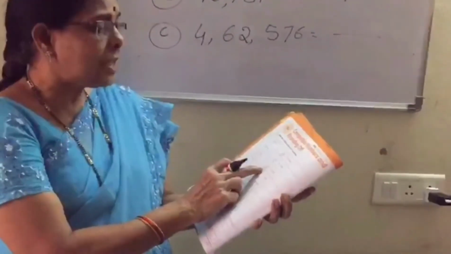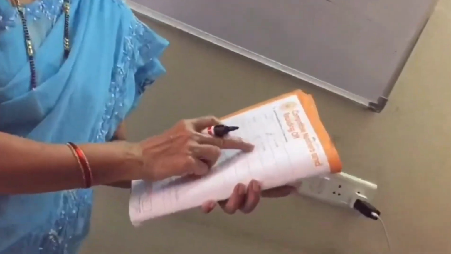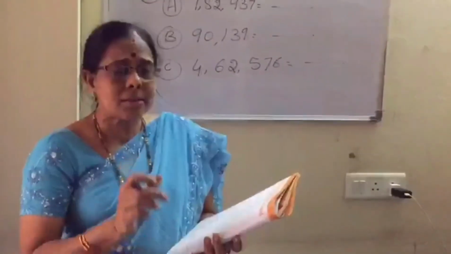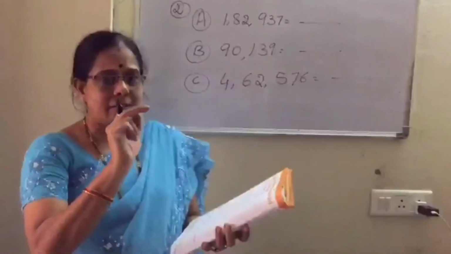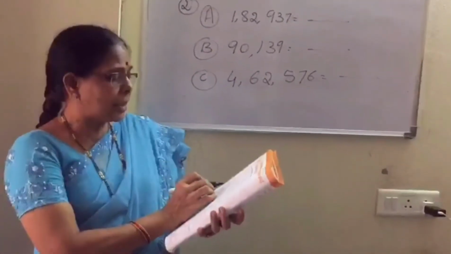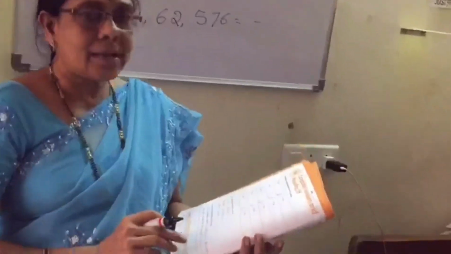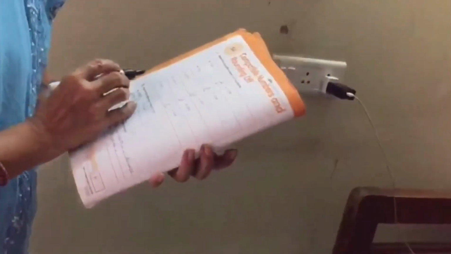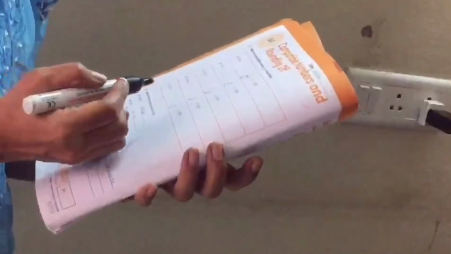So for this B is the answer, 5,70,000. Now D, 7,25,000. For 25,000, which is the compatible number? 75. So for D, A is the correct answer. Now E, 64,000. The last one, C is the answer.